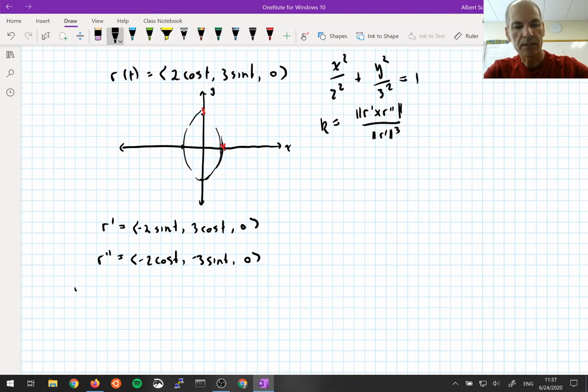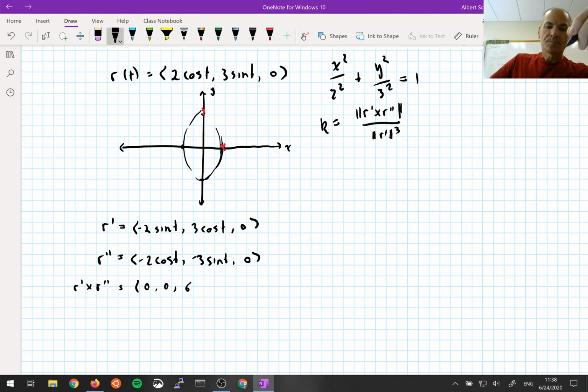R prime cross R double prime is going to be 0, 0, and then the last component is going to be 6 sine squared plus 6 cosine squared, aka 6. The magnitude of r prime cross r double prime is simply 6.